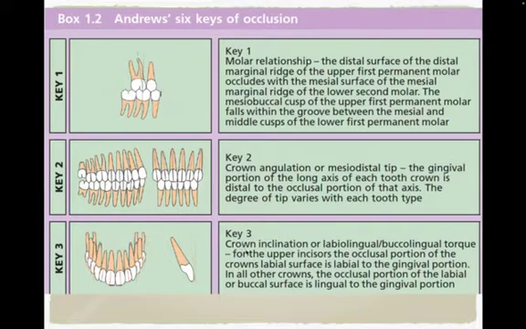And then he said the crown inclination, and here we have to distinguish between angulation and inclination. Angulation means mesiodistal tip, while inclination means labiolingual or buccolingual torque.